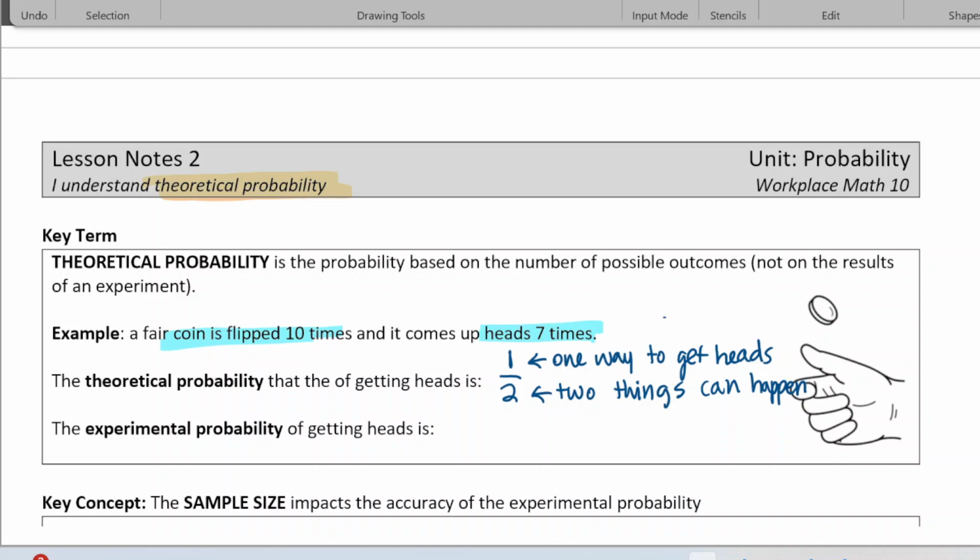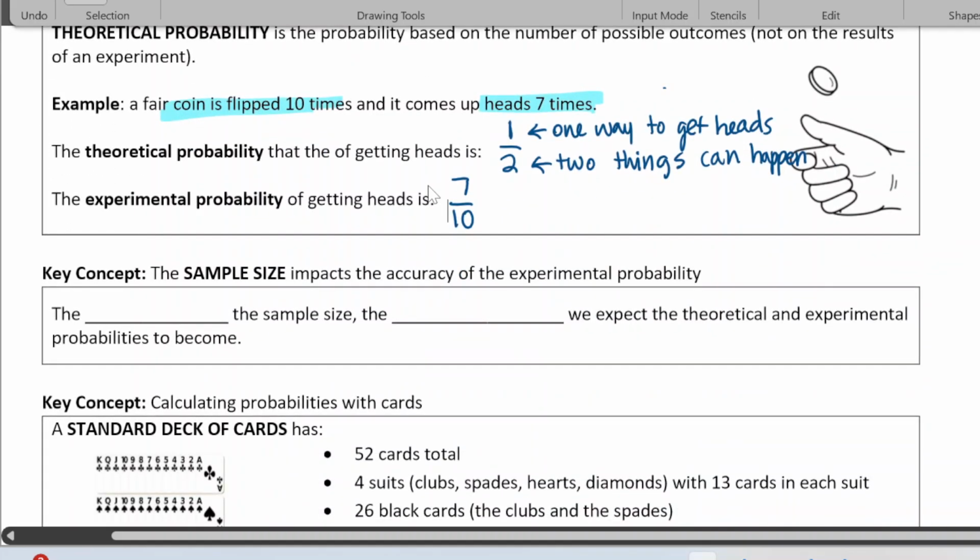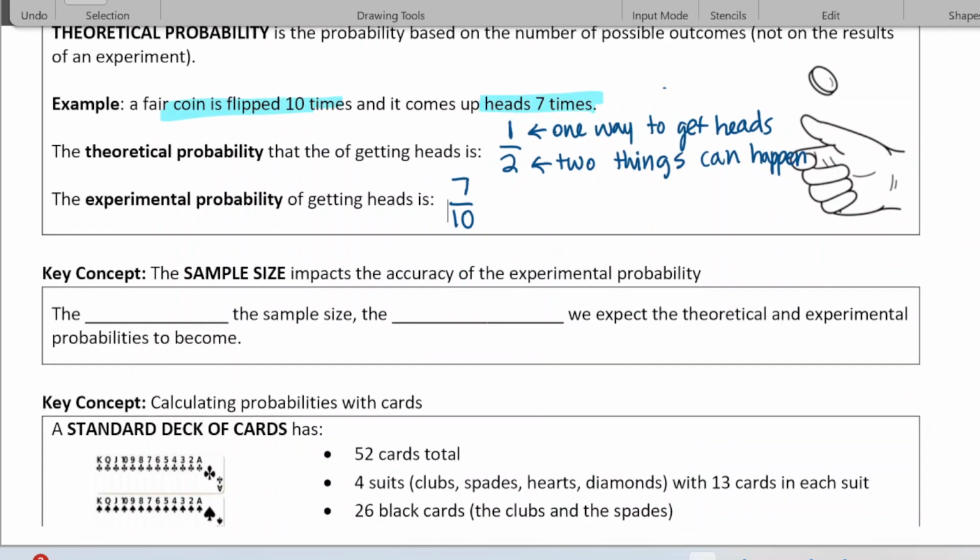But the experimental probability is different. It's what actually happened when you run an experiment. And again, that can fluctuate due to random chance, like we talked about last lesson. So here's what actually happened. Out of 10 flips, 7 came up heads. So those are a little bit different. And we talked about this key idea last time, which is the sample size. So that's how many trials we've actually run.